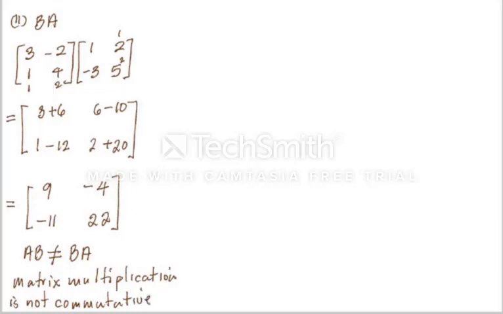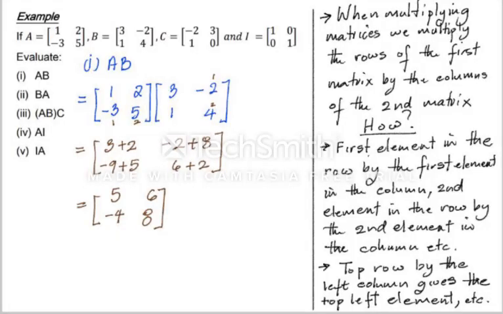All right. So let's have a look at AI. I'm not going to bother to do AB times C. We did AB before, so it's simple to multiply AB by C. I'm not going to do that, but I want to do A times I. I is what you call an identity matrix, and essentially it's a matrix in which the diagonal elements are ones.